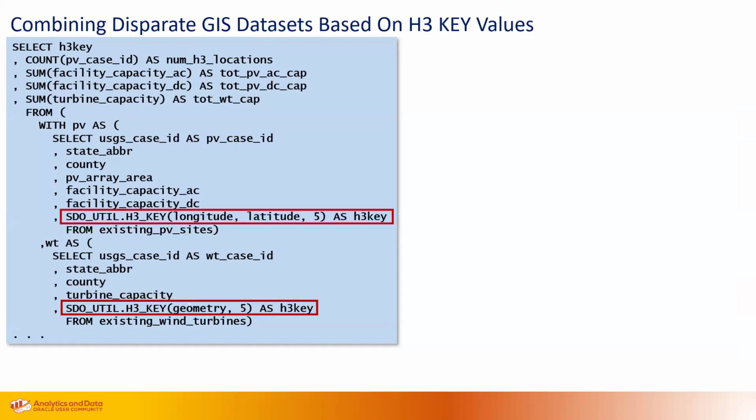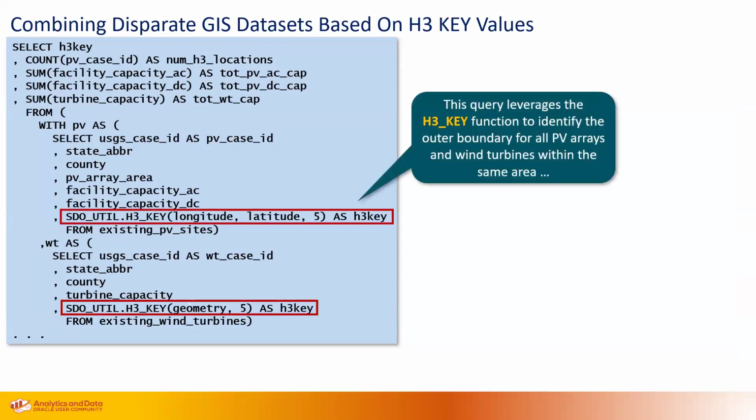So here's one of the cool things you can do with this. Remember, we have wind turbines and photovoltaic arrays, or PVAs, as I like to call them. What if I wanted to say, hey, how many of them are close to each other within this geometry? I could actually calculate for each one of them where they sit.